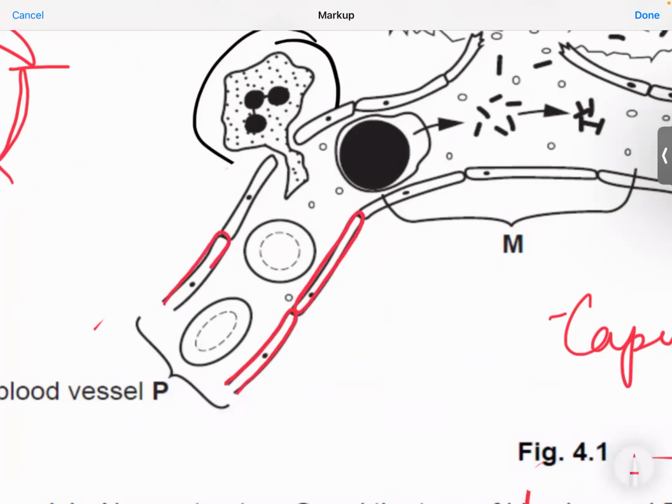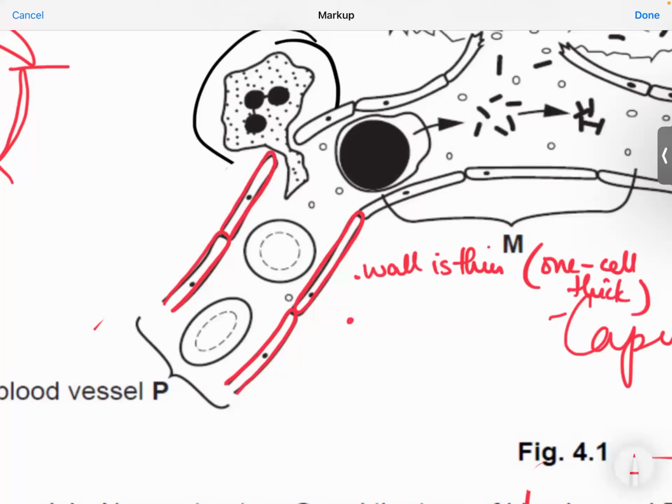ये इसकी वॉल बड़ी थिन है, इट्स इतनी थिन है कि इट्स जस्ट वन सेल थिक, एक ही सेल से वॉल बनी है, ये रहा वन सेल। ठीक है, सो यू विल टेल द एग्जामिनर, आई एम श्योर दैट दिस इज नॉट an artery or a vein because its wall is thin. And how thin, के सिर्फ एक सेल उसमें आ सके, one cell thick, and it has spaces in between the cells.